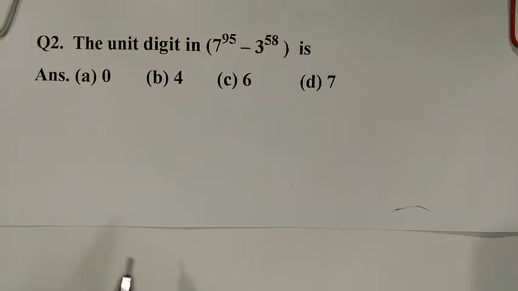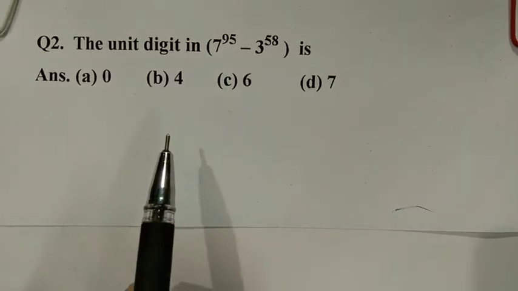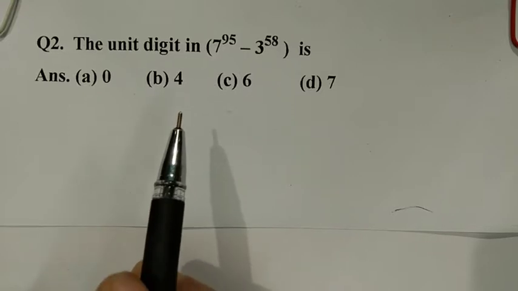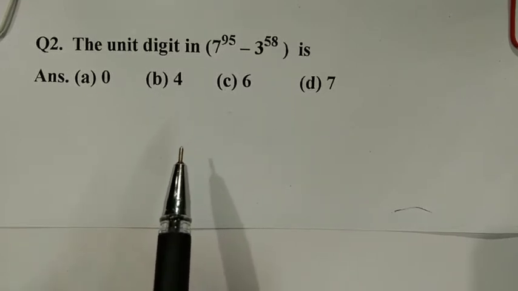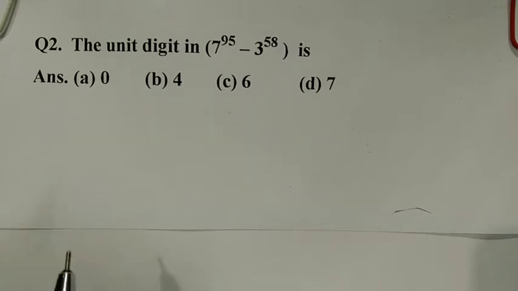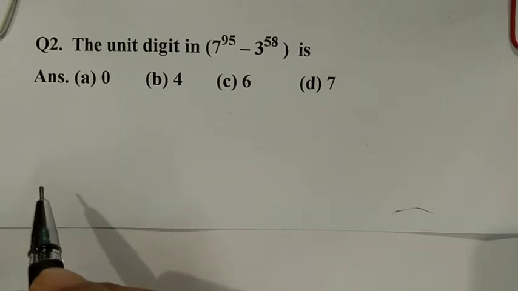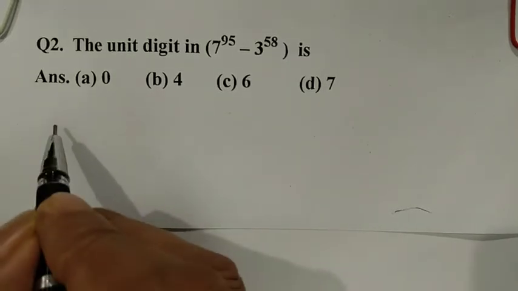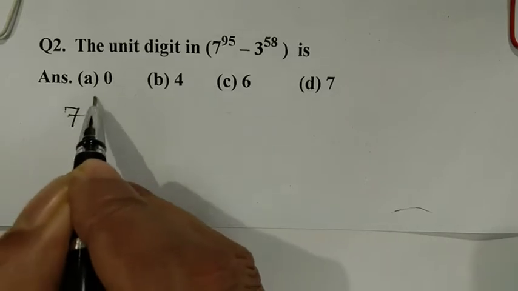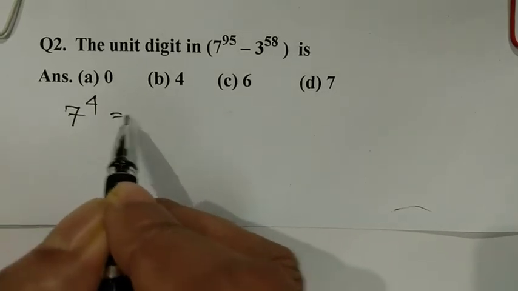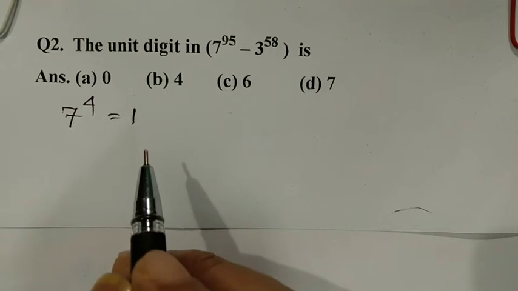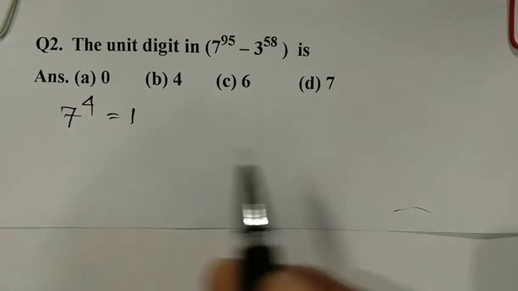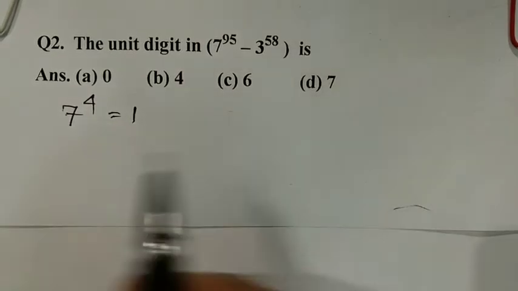Next question. The unit digit in 7 to the power 95 minus 3 to the power 58 is? We know unit digit in 7 to the power 4 is 1. 7 square into 7 square: 49 into 49, then 9 into 9, 81.